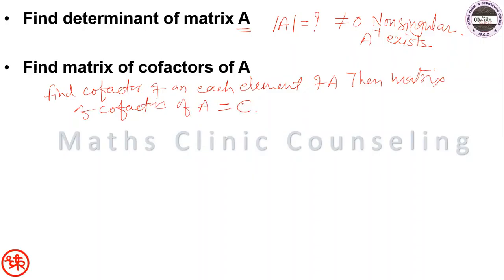And if we find the transpose of this matrix of cofactors, it will be called the adjoint of A. Okay, so then adjoint A is equal to C transpose.